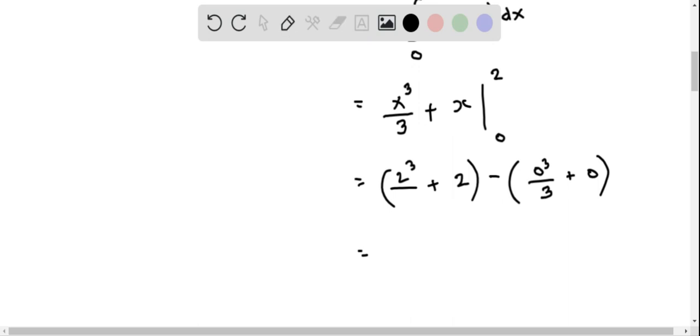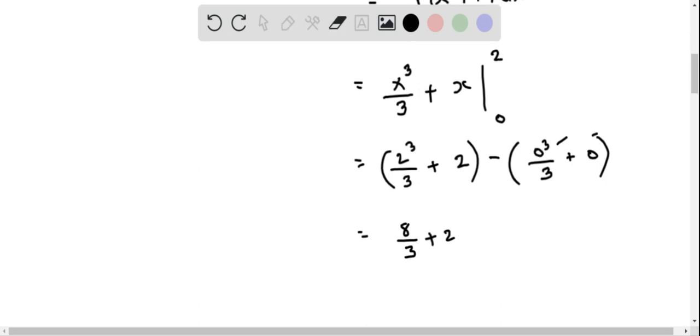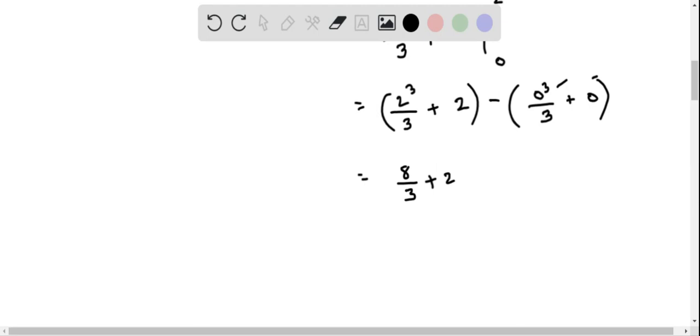2 cube is 8, 8 by 3 plus 2, then minus this is 0 and this is 0, so it is 0. So we can just remove this. Let's simplify this, and so this equals 8 by 3 plus this 2 is 2 by 1.